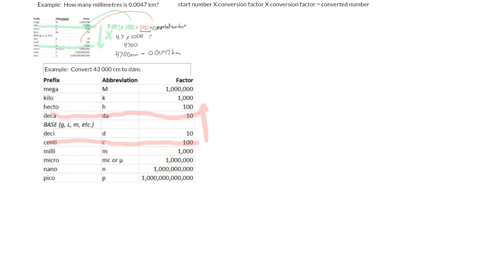So think about this. If we go down, we multiply. If we go up, we're going to do the opposite. We're going to divide. So our equation is pretty much the same, with one little difference. Rather than multiplications, we're going to use divisions because we're going up.